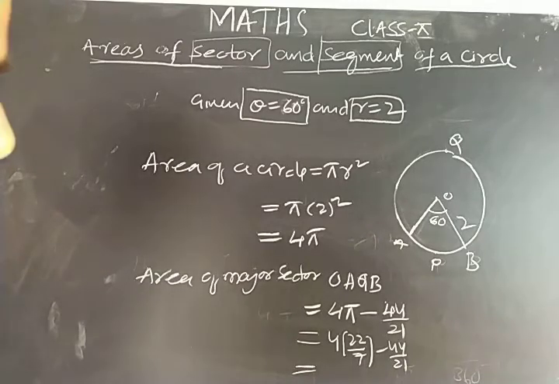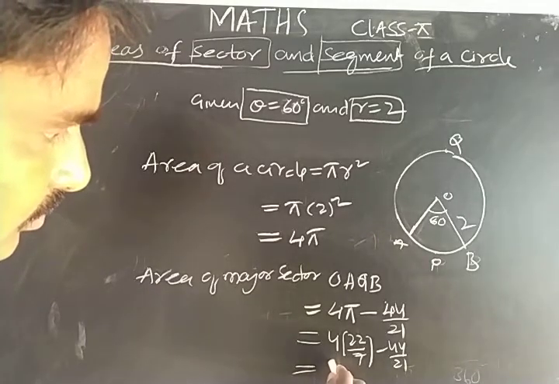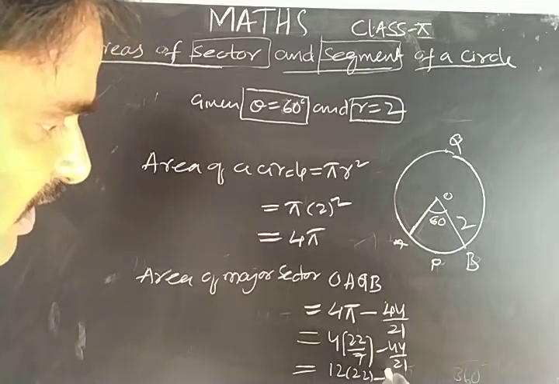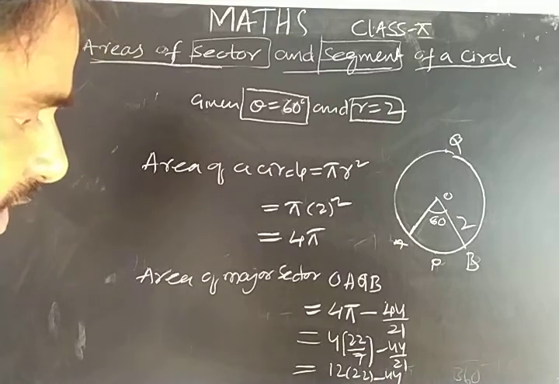So 21 is the LCM. 3 into 4 is 12, 12 into 22 minus 44 by 21.